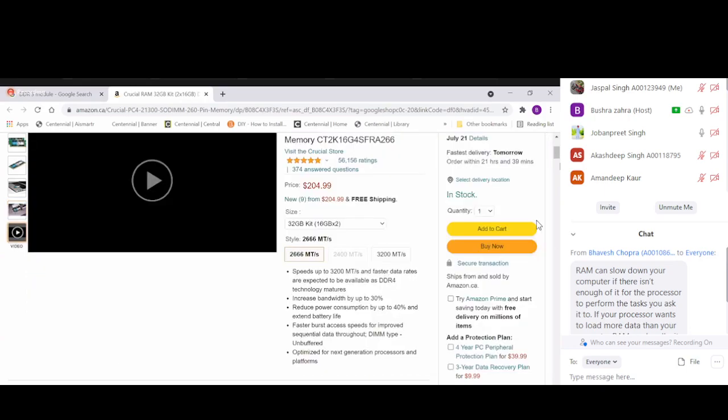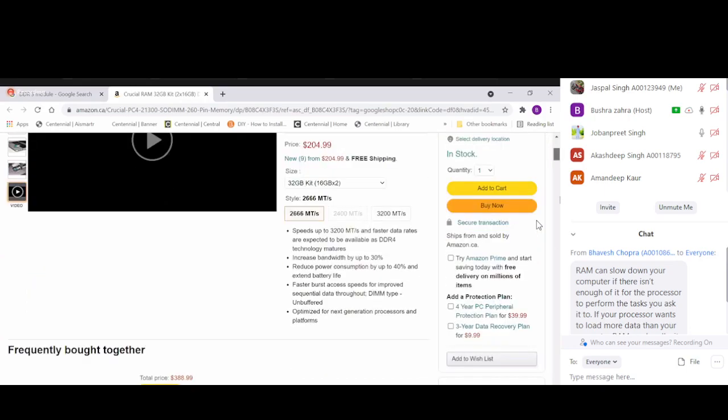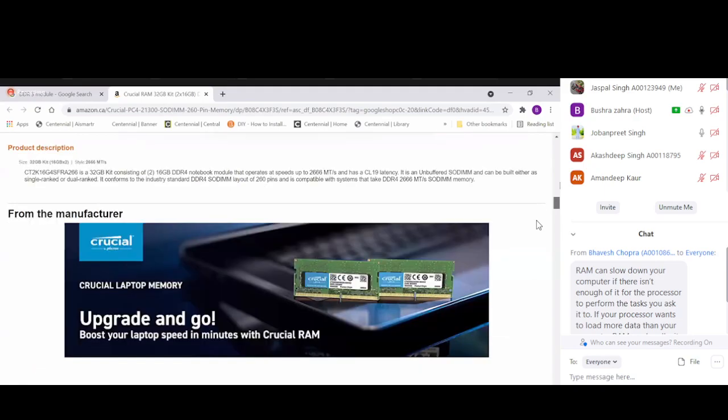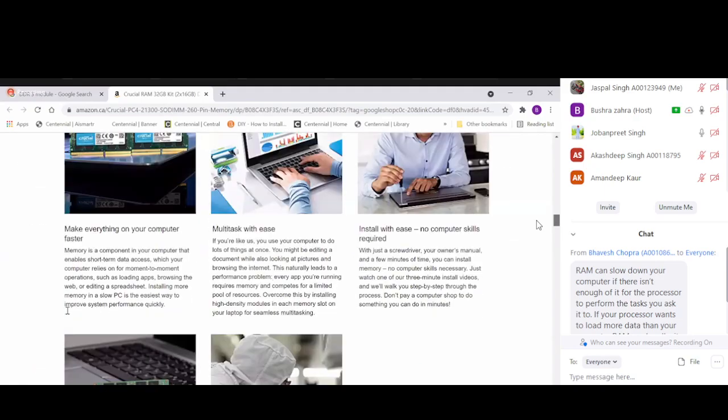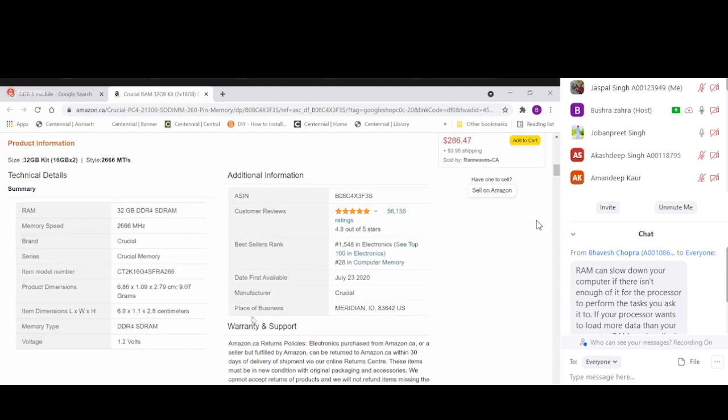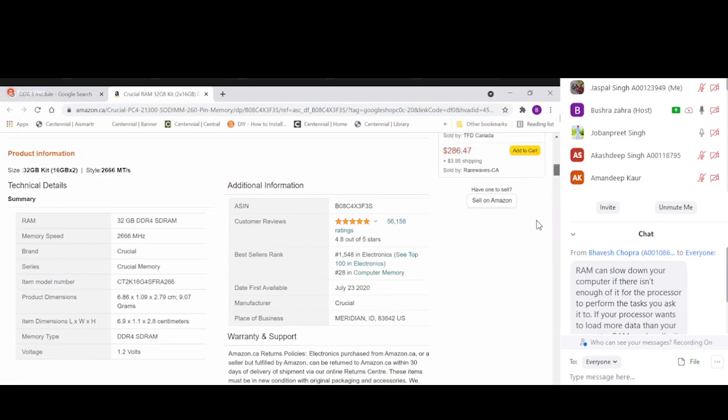And this is the Amazon.ca website. There is more information you can find. Error checking or no error checking, let's find.